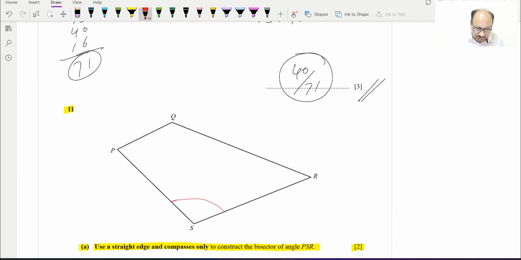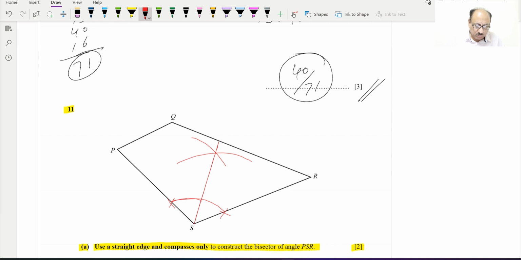And after making this arc, we will be putting our compass over here, and we will basically be drawing the arcs. We can draw arcs like, for example, this one and this one, and this will be roughly, I'm drawing this because I'm working on the screen, so you can work on the paper and check.